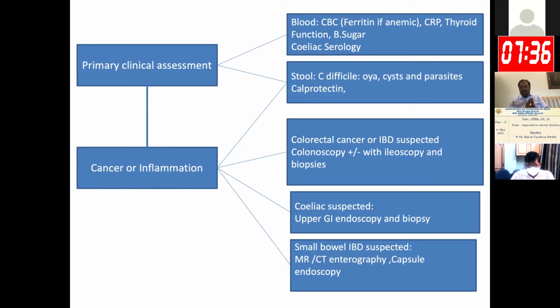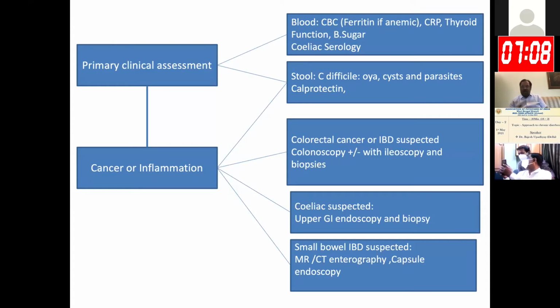And particularly when dealing with younger patients, we always do a celiac serology. Stool examination we often do to look for C. difficile, ova, cysts and parasites. And if you have any confusion between irritable bowel and inflammatory bowel disease, I think the measurement of fecal calprotectin level can be very useful, and it is now being widely available.